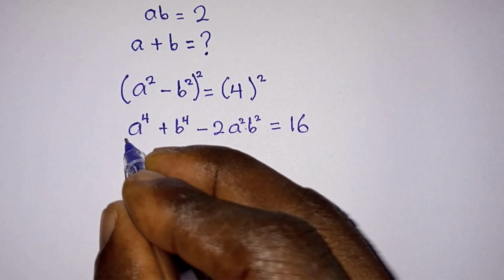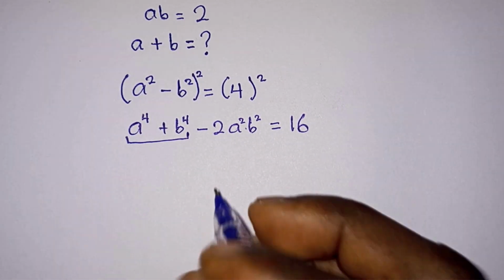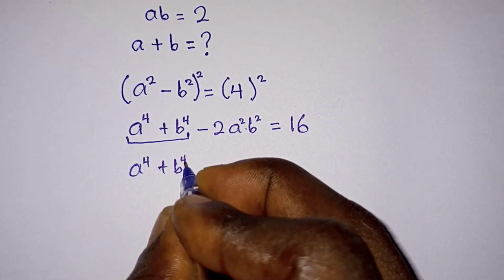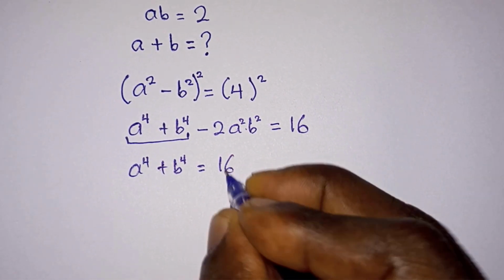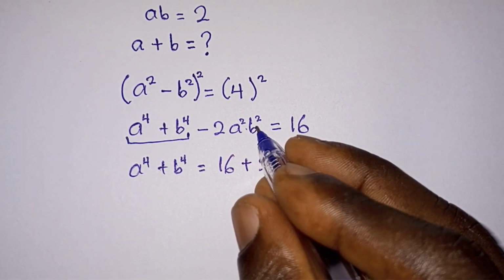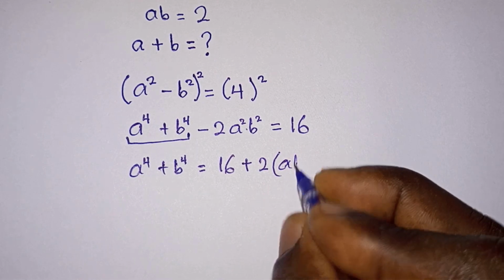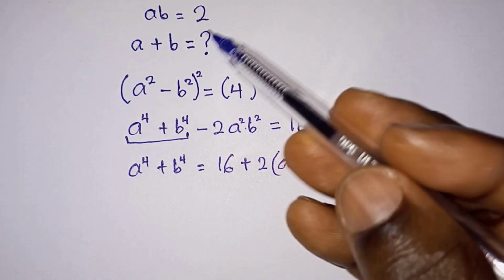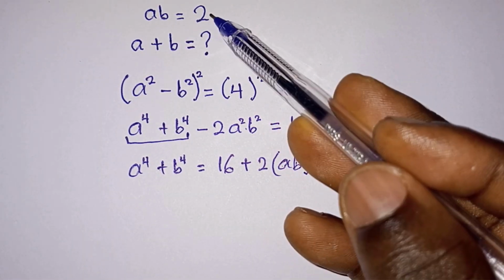Now let's make this the subject. So we have a to the fourth power plus b to the fourth power is equal to 16 plus 2 times a squared times b squared, which could be written as a times b all squared. Now we know from this equation over here that a times b is 2.